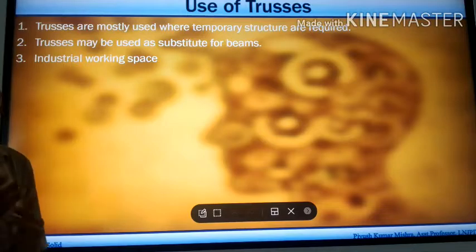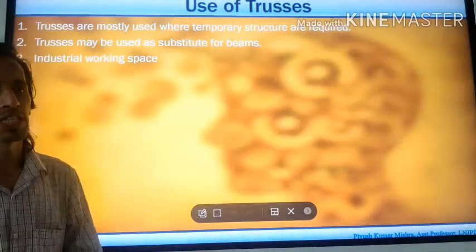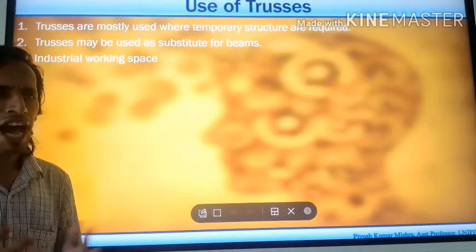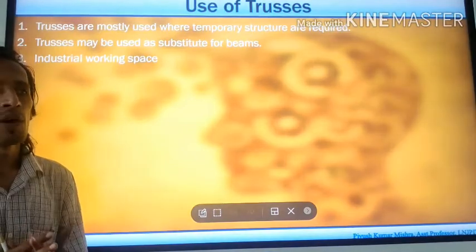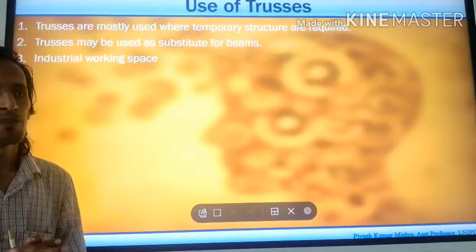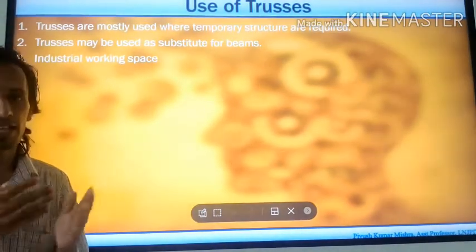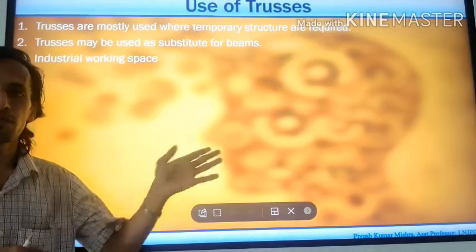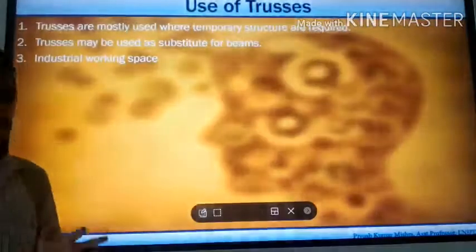Another question you may ask is where do I use these trusses? The answer is you can use a truss anywhere, wherever you require them. This is a general statement. As we saw in the first slide, it was used in an industrial area.